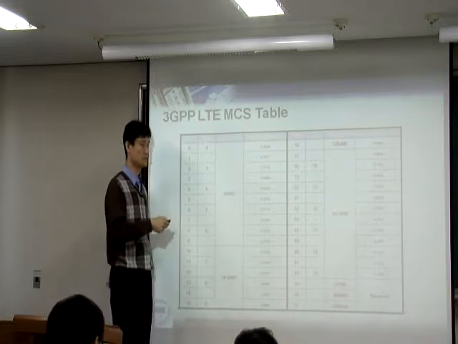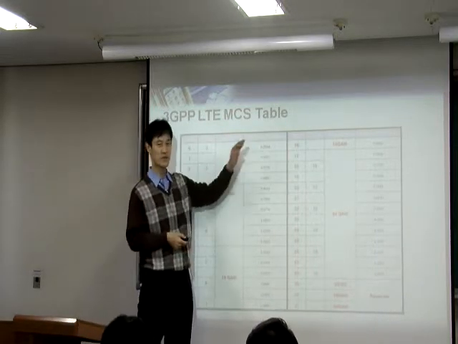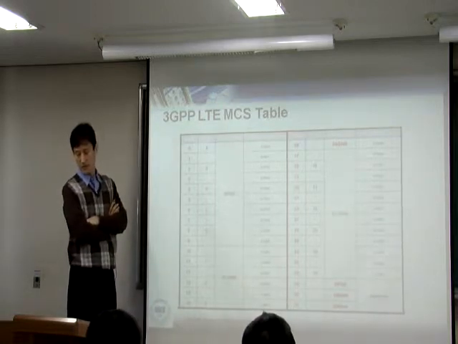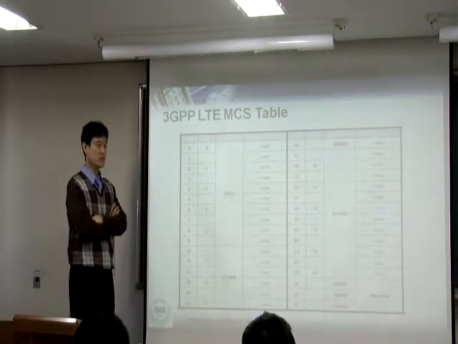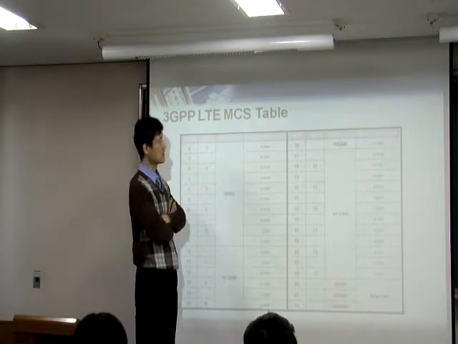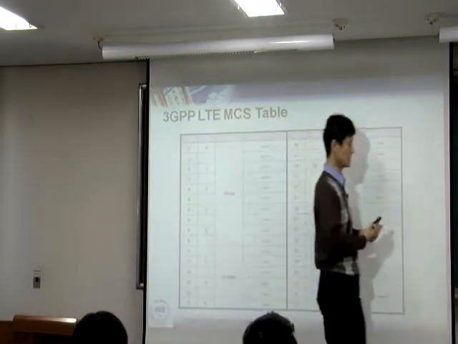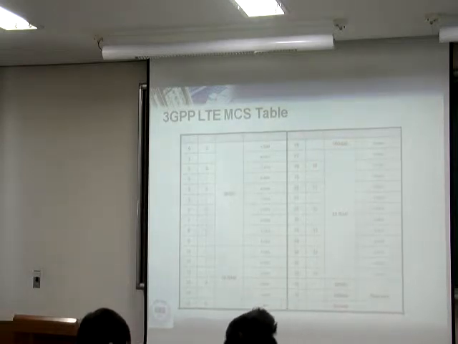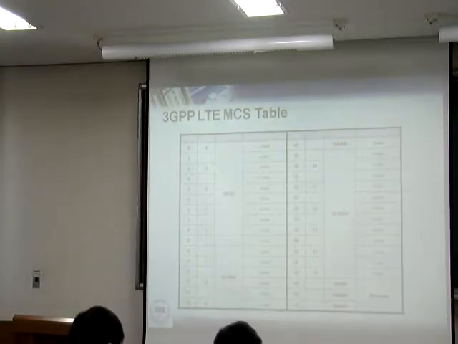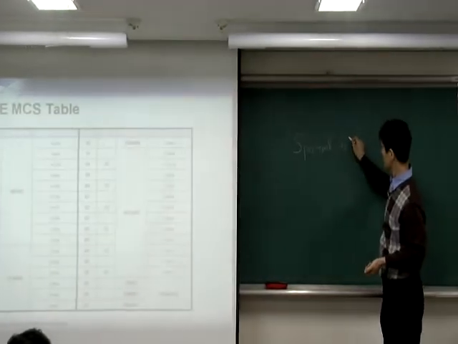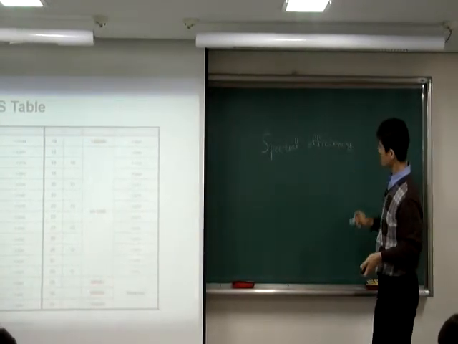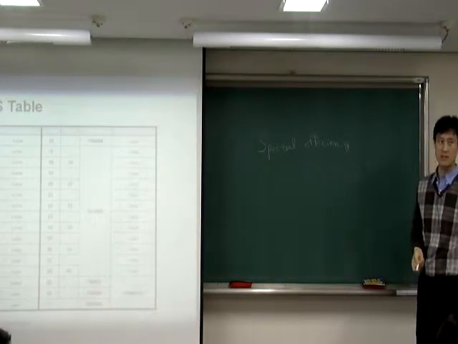Okay, what is spectral efficiency, by the way? What is the definition of spectral efficiency? It's a little bit different from capacity, but spectral efficiency has the same unit as capacity.